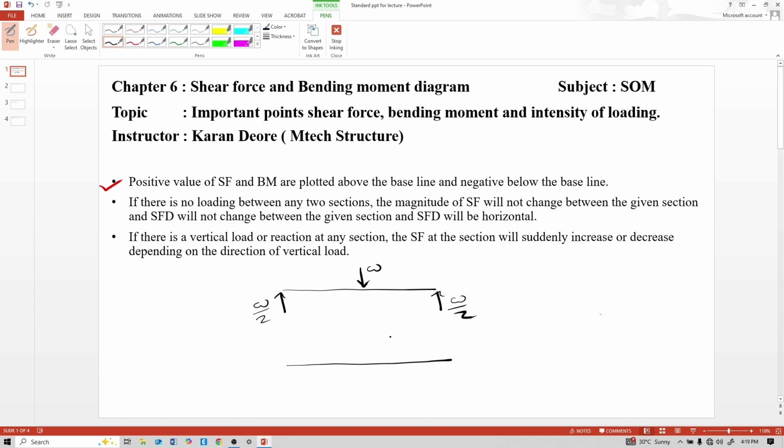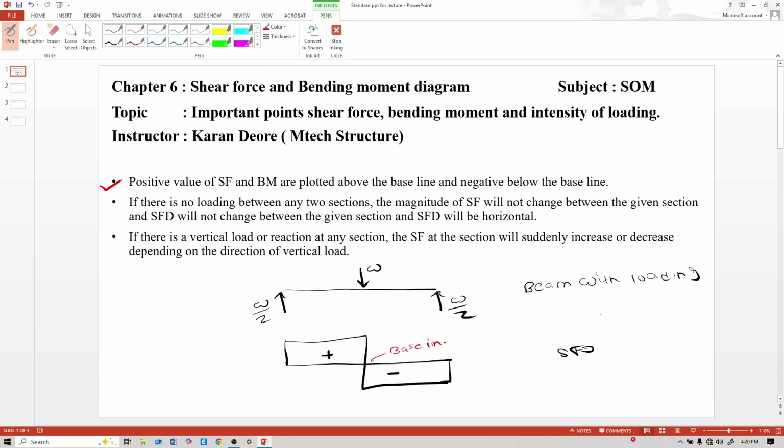And see shear force diagram of this beam is, this is beam with loading, and this is shear force diagram. So see, this diagram is like this: this is positive, this is negative, and this is baseline.